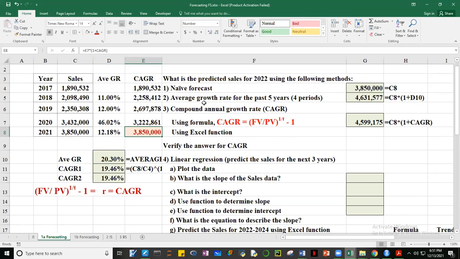Okay, so let me pause for a while and let's see if you have any questions. If so far clear tayo dun sa pag-compute ng CAGR at saka yung pag-forecast using CAGR, and then also in proving that indeed this is the CAGR because the actual value is equal to your forecasted value using CAGR.